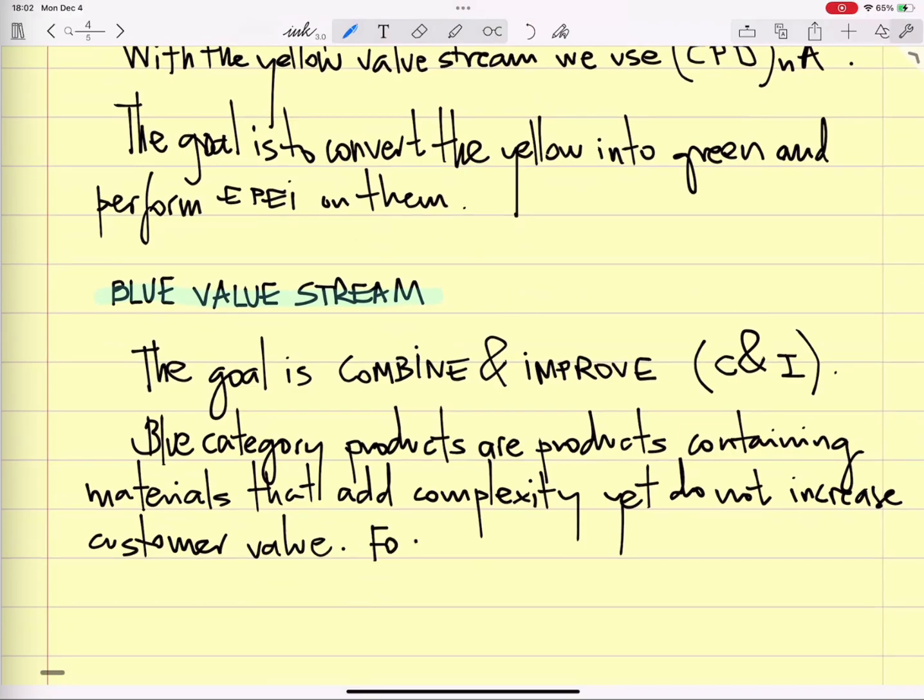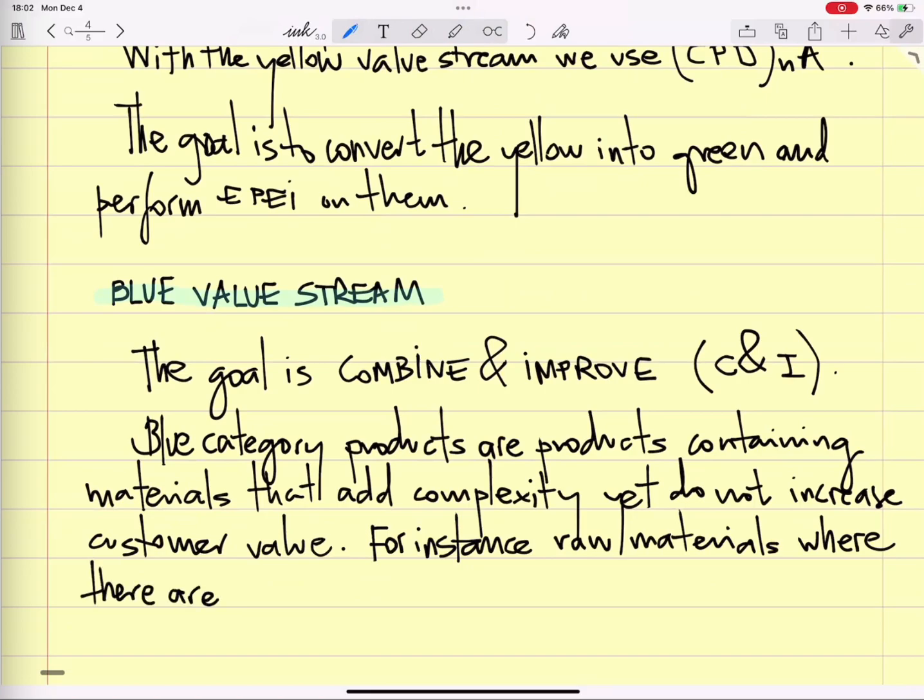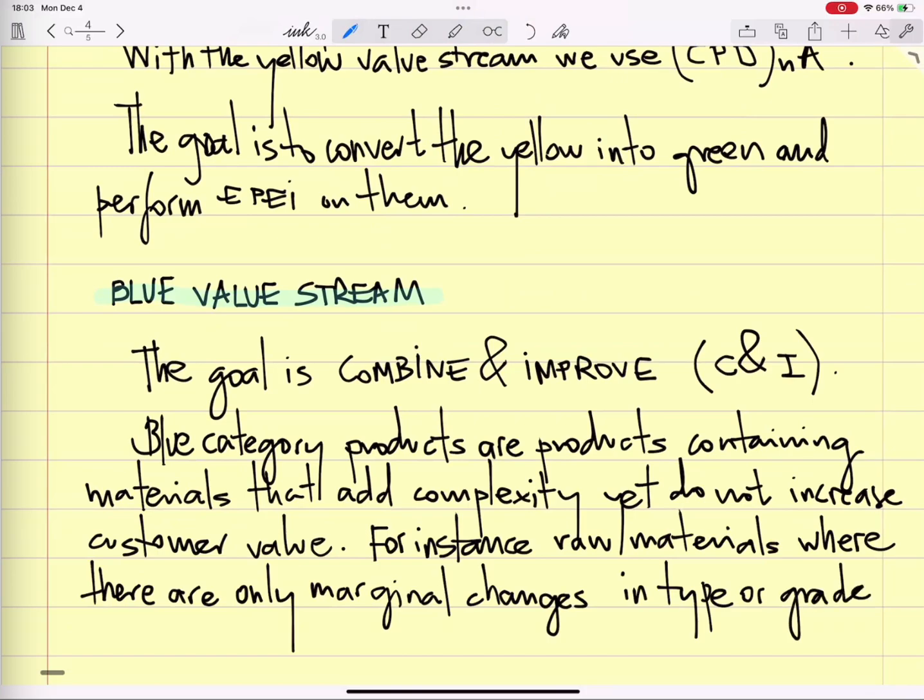For instance, raw materials where there are only marginal changes in type or grade, or packing differences.